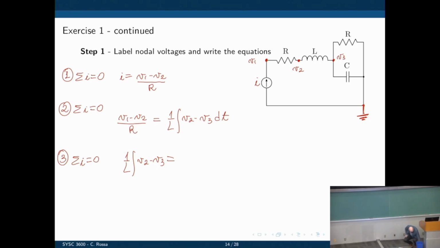The current through the resistor is simply V3 minus 0 divided by R. Why 0? Because this is the ground here. So it's V3 over R, plus the current through the capacitor, which is C dV3/dt.